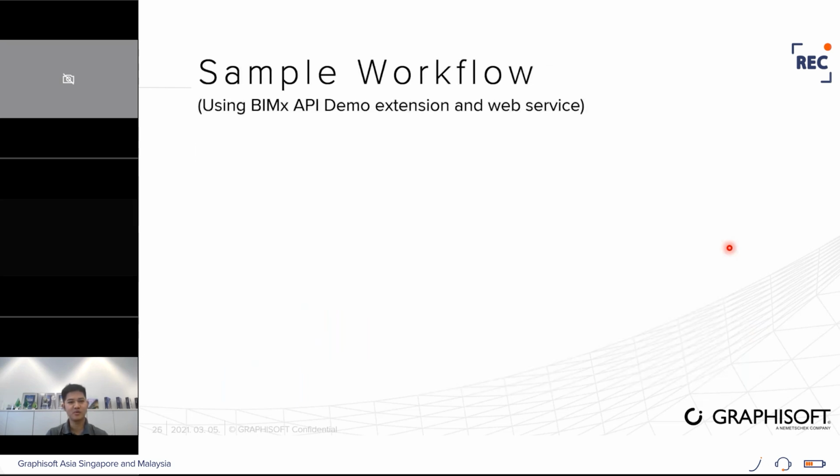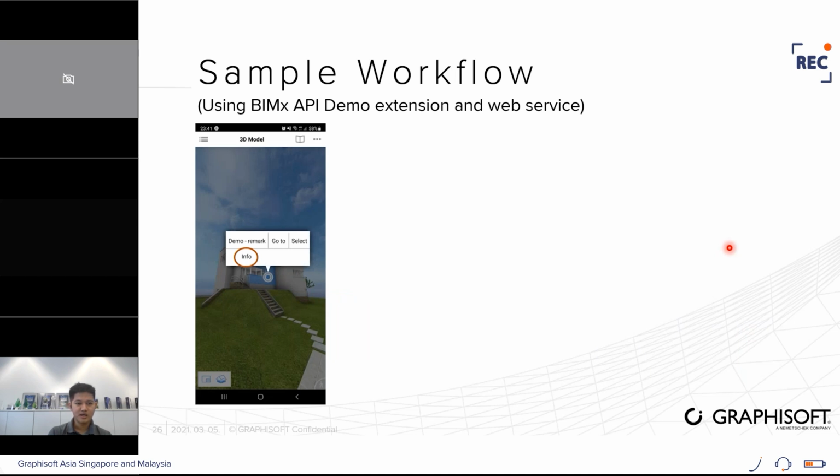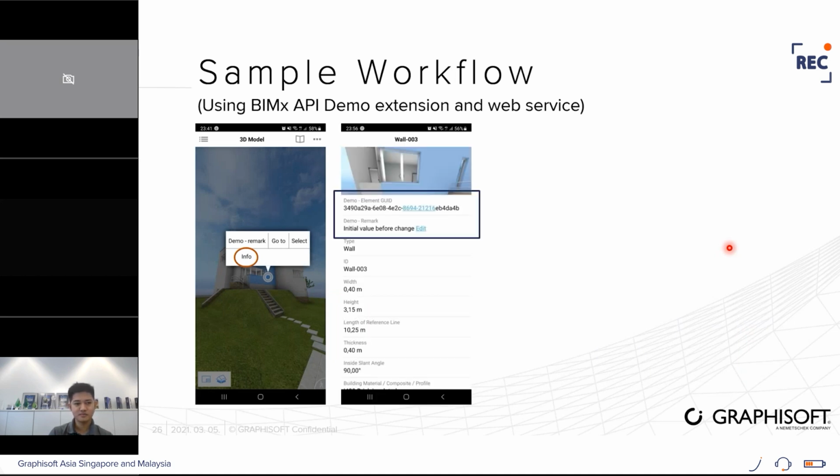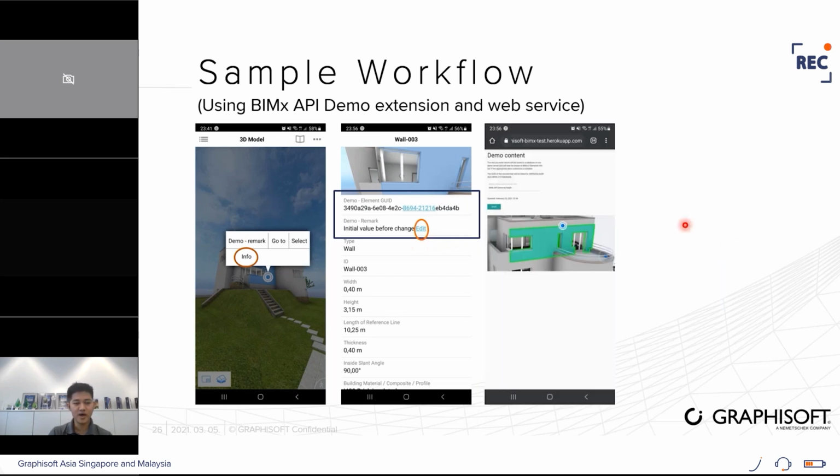Okay, so here's a sample workflow. If I click the info, okay, so we have these extended element items that I have added here. And then if you click edit, it will open the web app or the web service from the third party, maybe your internal website or dashboard.